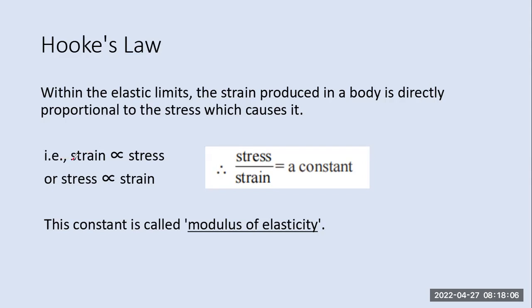So example, stress and strain, constant yan sila. Stress over strain equals a constant. So yung constant natin is yung ating modulus of elasticity. So bumalik lang tayo dito sa formula nito. So elasticity, modulus, or modulus of elasticity.